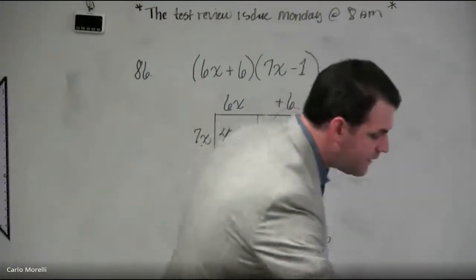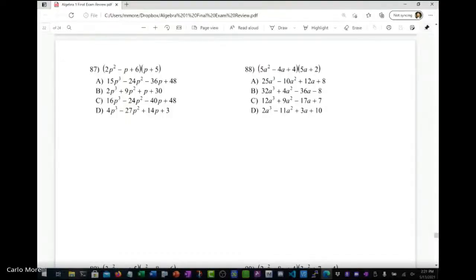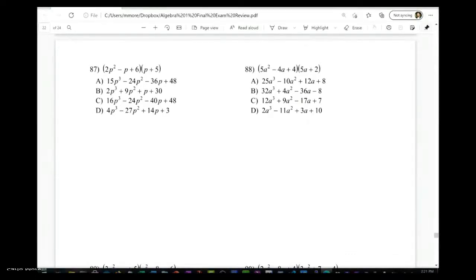After that, when we start to get into number 87, this type of problem requires the box, because trying to do some kind of mental gymnastics to remember first, outer, inner, last doesn't work anymore with a trinomial by a binomial. So we have to draw a box.